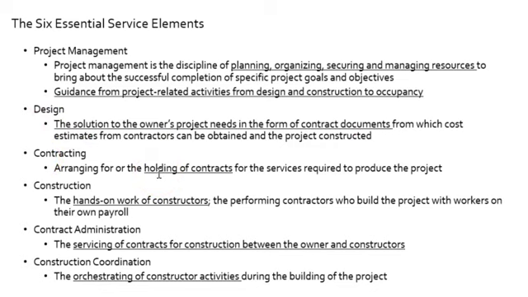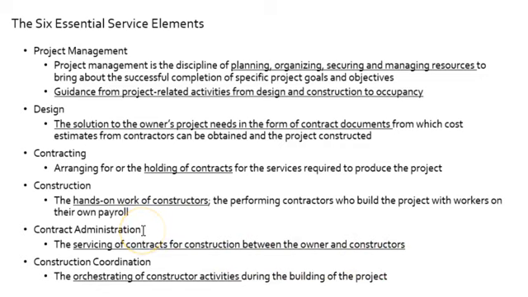Contracting, again, we talked about this, different from construction, is just the holding of the contracts. Who holds them? That doesn't mean they're necessarily doing the building themselves. They're holding the contracts. The construction, different from the contracting, is the actual hands-on work. Construction administration, this is the servicing of contracts for construction between the owners and constructors.